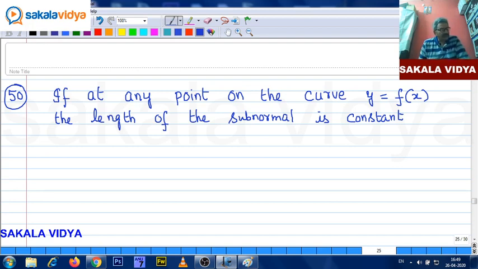Length of the subnormal is given constant. Here x comma y means y is ordinate and x is abscissa.